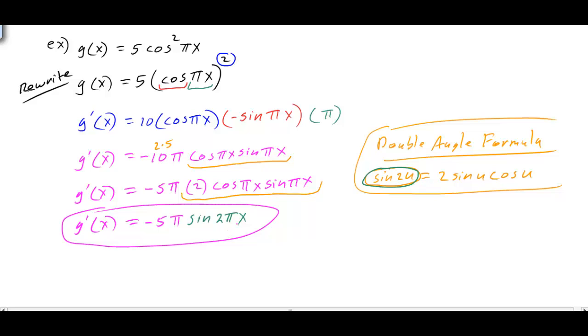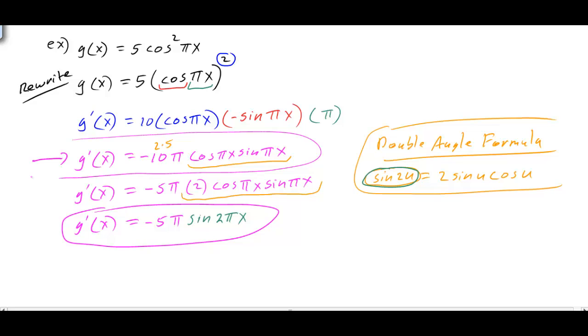So if you're ever working an example and you're checking your answer in the back of the book, or if you're going through the practice problems or a quiz in Blackboard, then if you stopped, for example, up here, I mean, this is an okay place to stop. If you had negative 10 pi cosine pi x, sine of pi x, this answer is really a perfectly good answer.